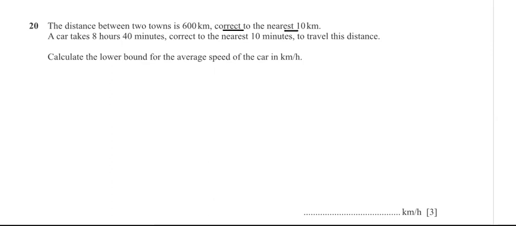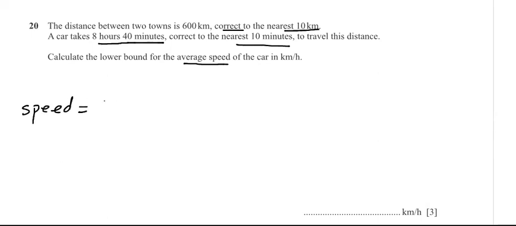A car takes 8 hours 40 minutes, correct to the nearest 10 minutes. Again, the time is also given, so you may need the upper and lower bound of that also. Calculate the lower bound of the average speed of the car. Now, what is the formula for speed? First of all, average speed or speed.